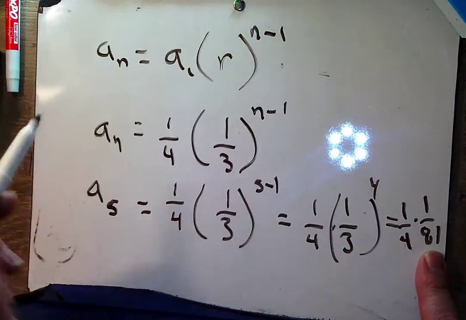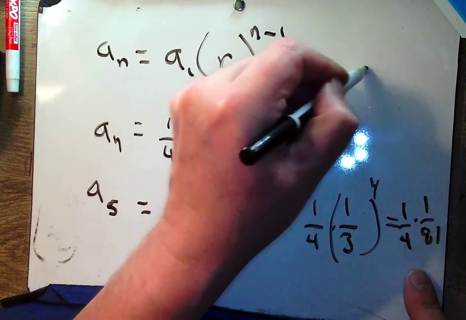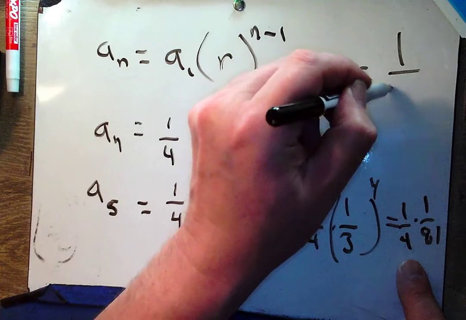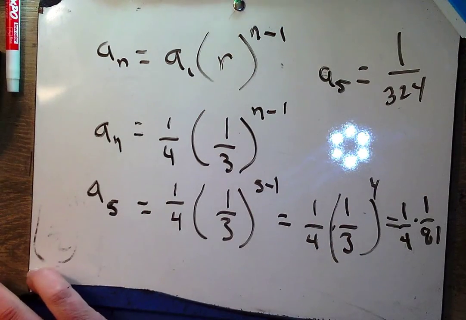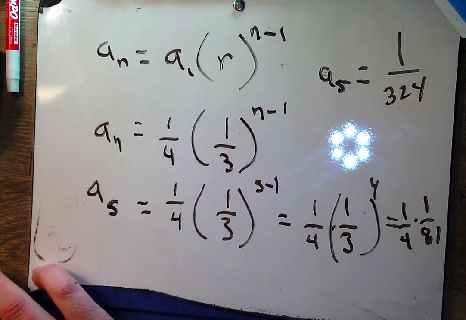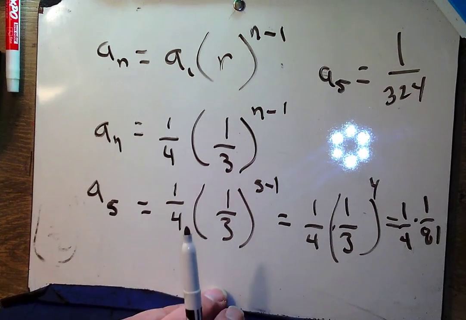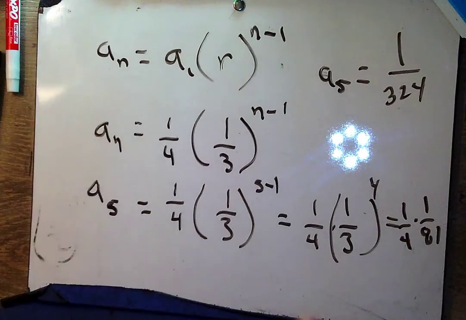And so I end up with a sub 5 being 1 over 324. I think so. 81 times 4. Yeah, 324. There we go. Okay, what's next?